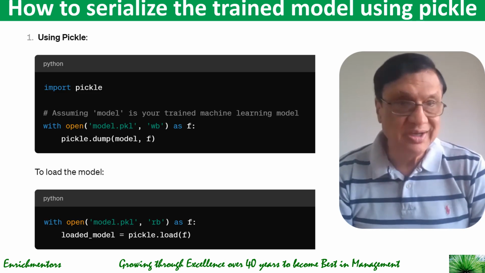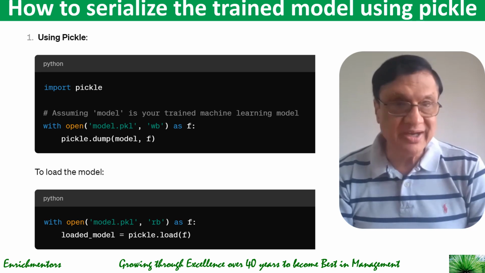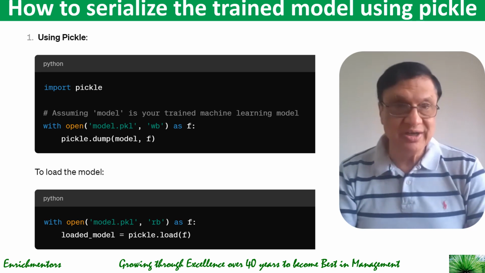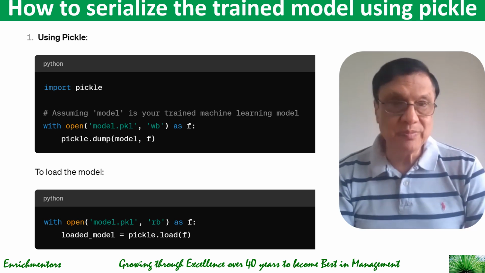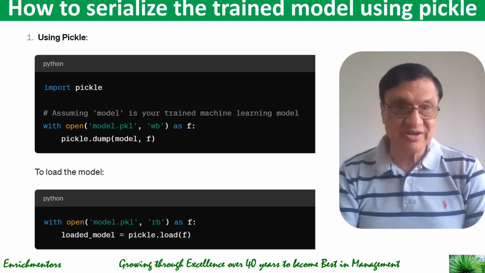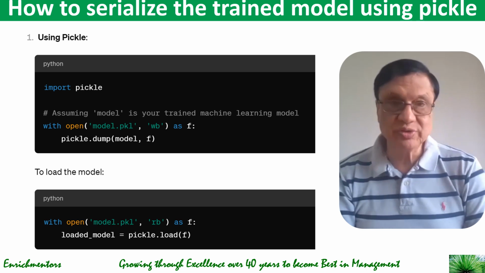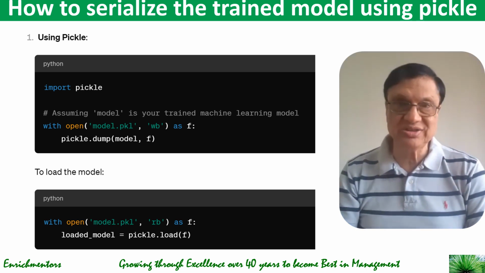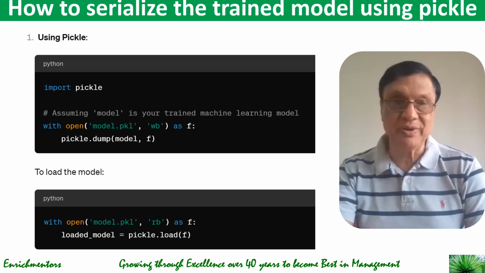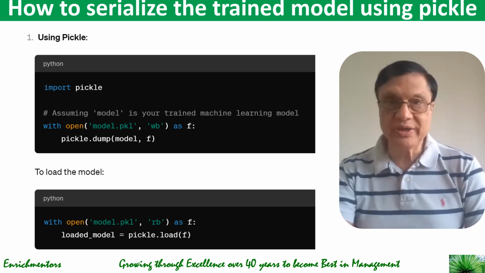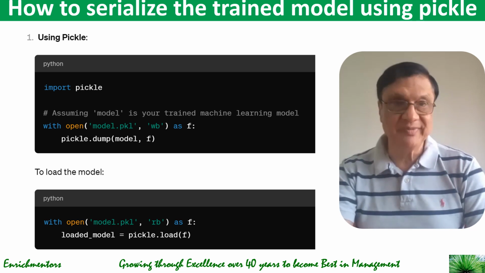You need to import pickle, then assume model is your trained model, the model that you want to serialize, and then open and load the model. It's as simple as that. That's how you can serialize the trained model using Pickle, and you can come back and look at this command from the PDF file.